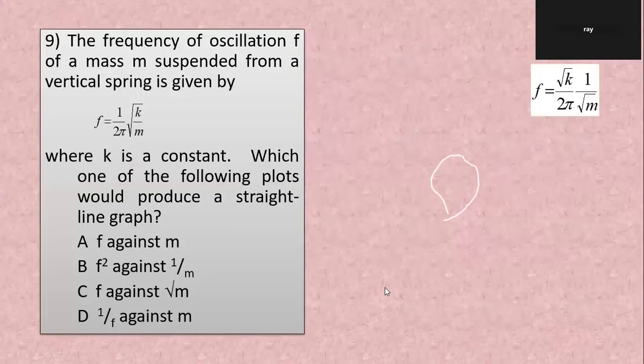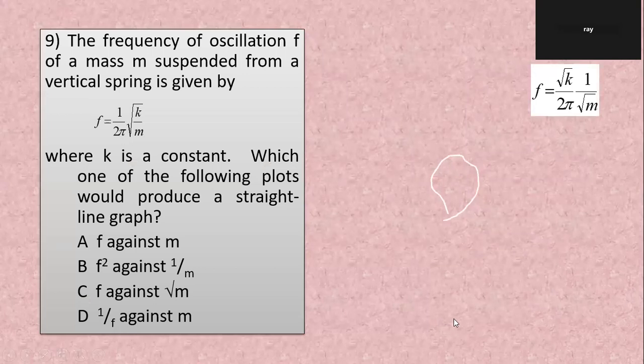Okay, making a graph into a straight line. What is the answer for this one? F against M will be inversely proportional, right?